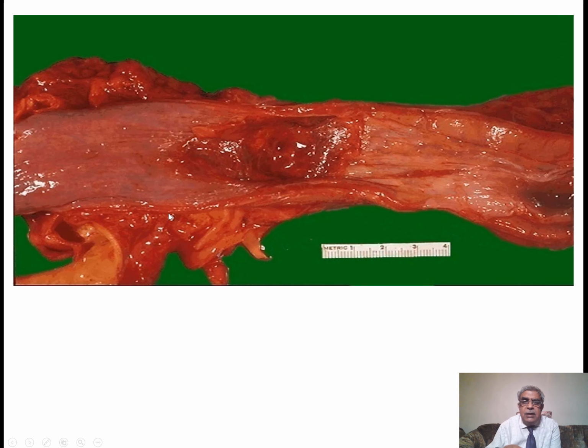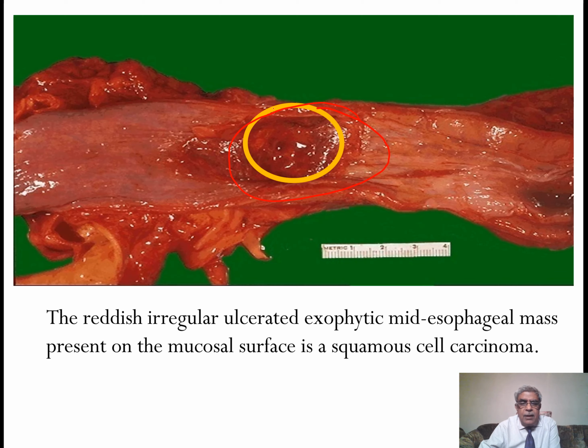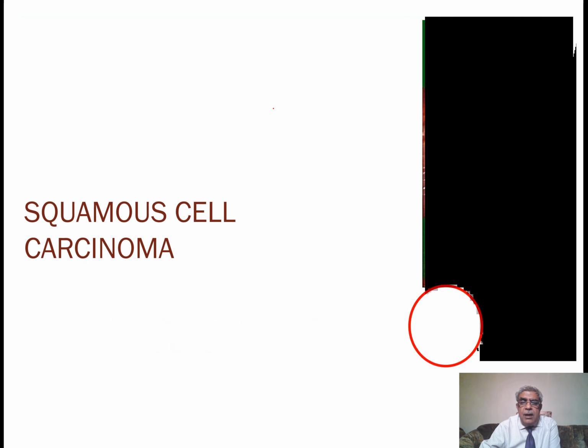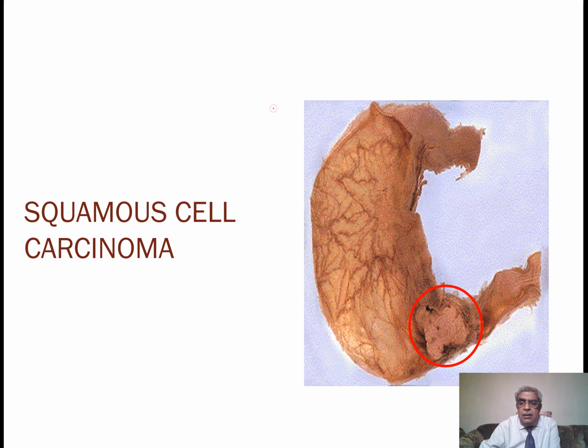Here you can see an ulcerative lesion, that is reddish, irregular, ulcerated, exophytic, mid-esophageal mass present on the mucosal surface, is a squamous cell carcinoma. Squamous cell carcinoma, well, look at that, already circled. Here, this is a gross.